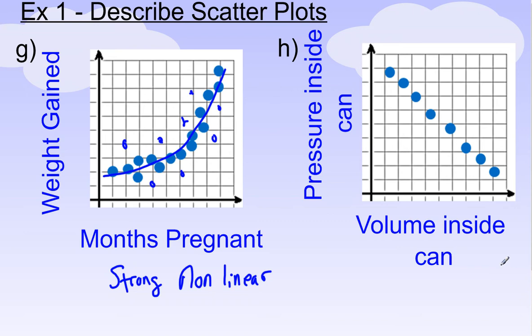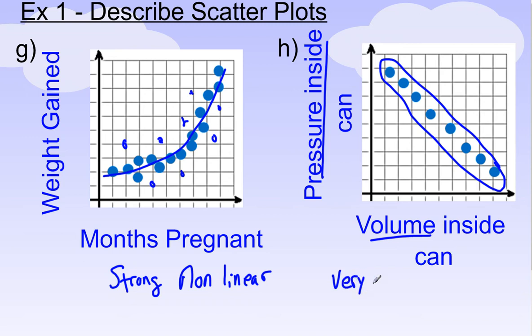Letter H. Here we're comparing the volume inside of a can and the pressure inside of a can. So let's see. That is a very strong correlation. I'm even going to put very strong, because that is extremely tight, compact together.